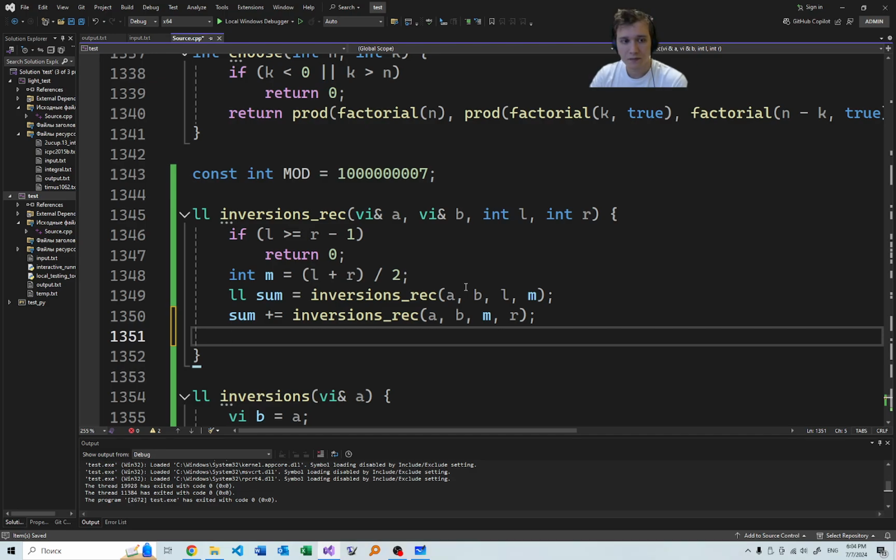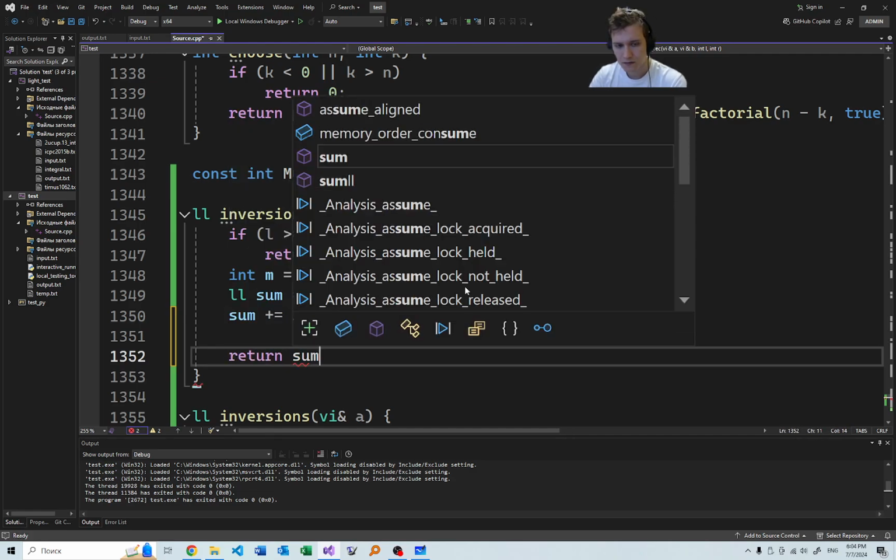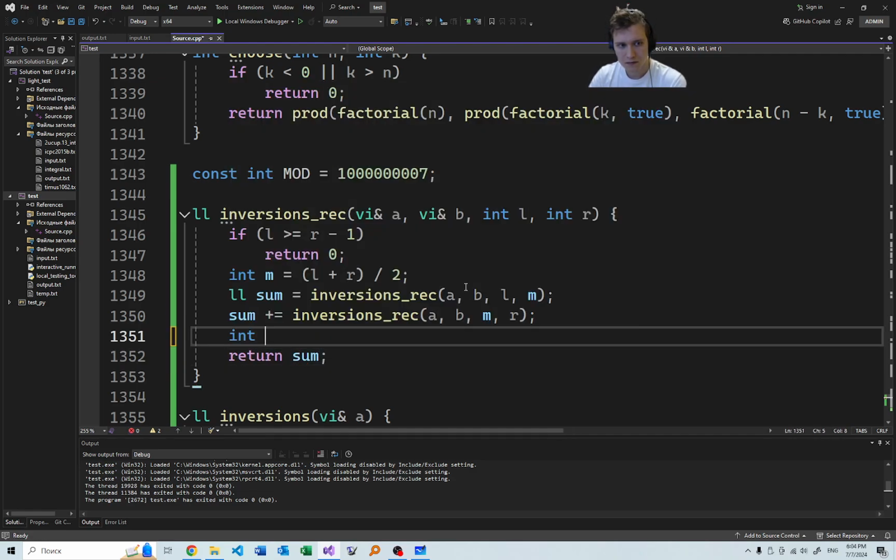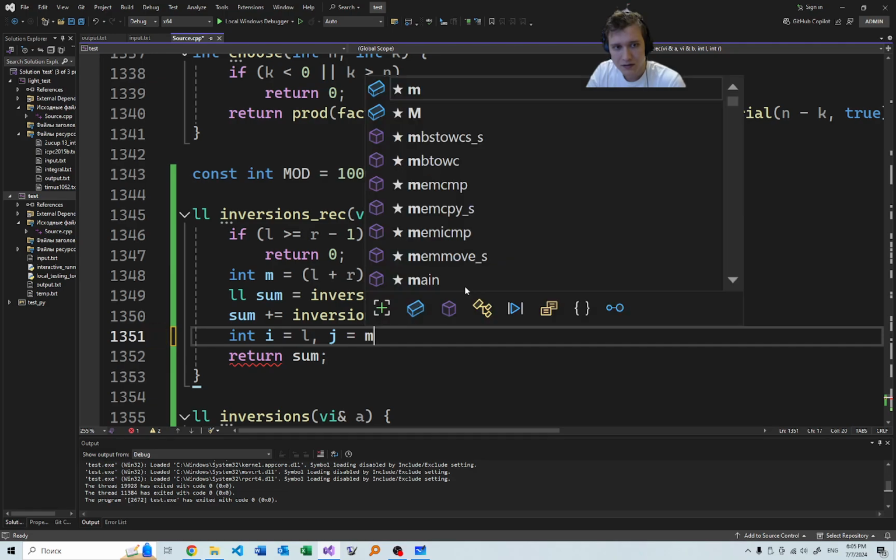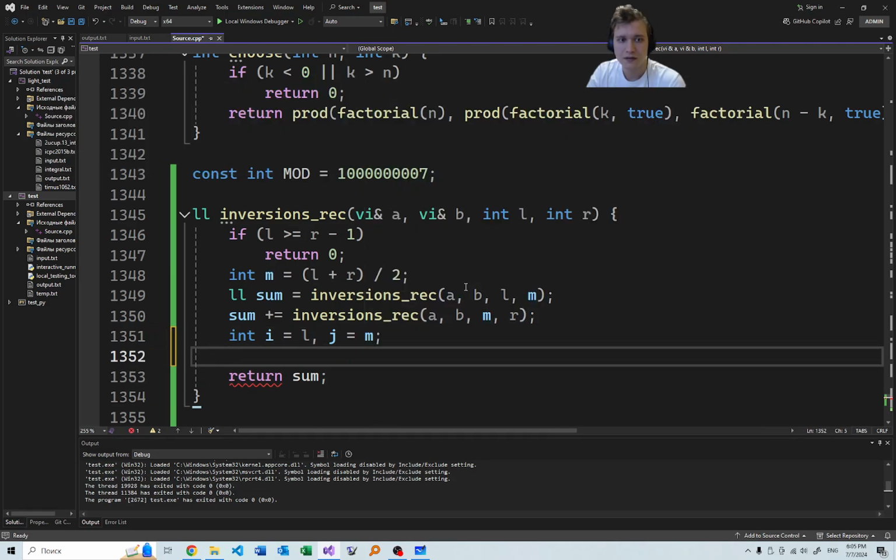Then it proceeds with the merge part. So I is L, J is M, and for int K from L to R.